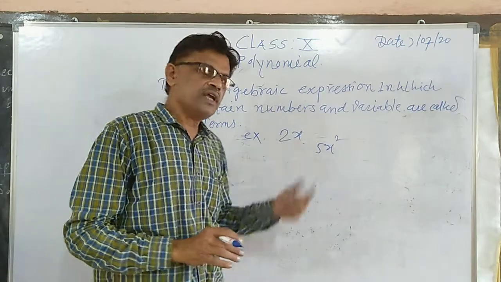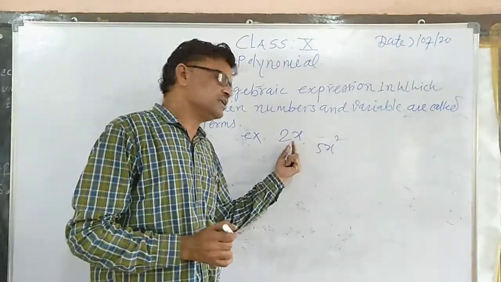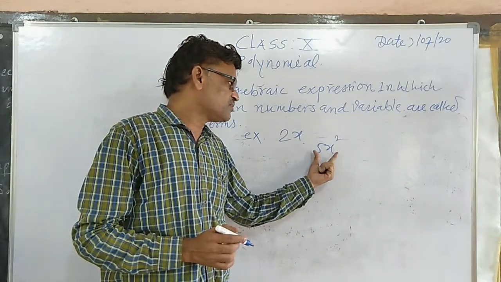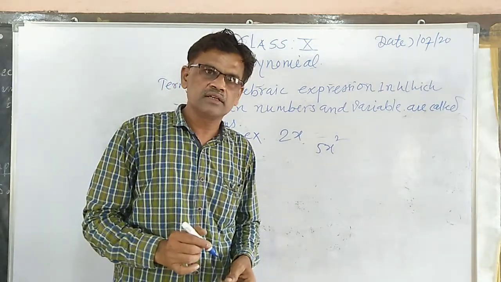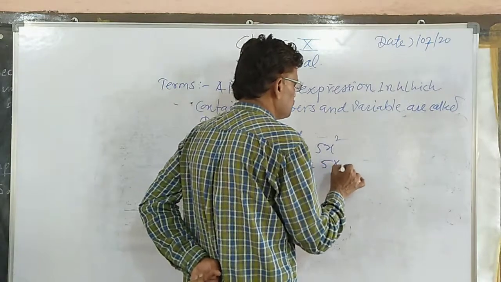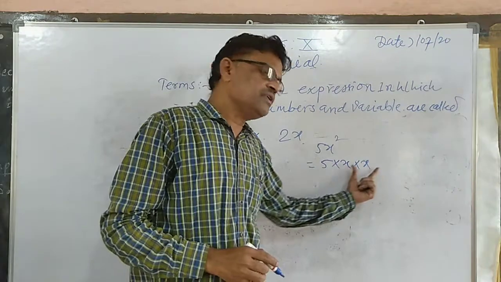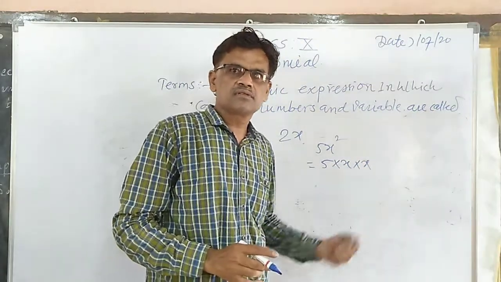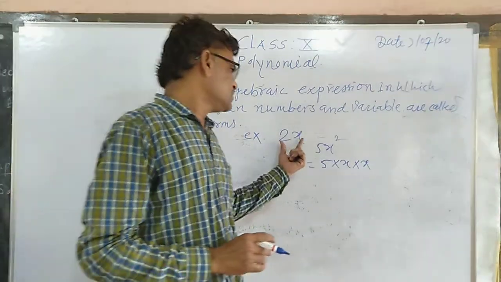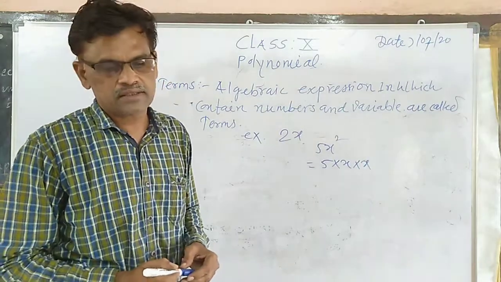Using this variable and coefficient, we get the terms. Here also the factors of 5x square can be written as 5 into x into x. Again, when we take the product of this, we get 5x square. The factor of 2x is 2 into x.